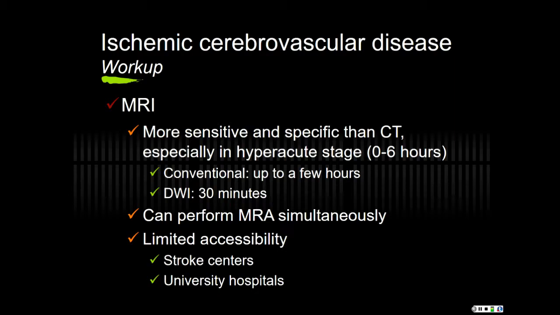Now you can probably get an MRI at any of these community hospitals. I know Bryn Mawr, Lankenau, Paoli, Roxborough even has an MRI, I believe, with a tech in-house 24 hours a day, I'm pretty sure. And you can perform an MRA, which is that vascular study, magnetic resonance angiography, at the same time. Again, it doesn't require any contrast.